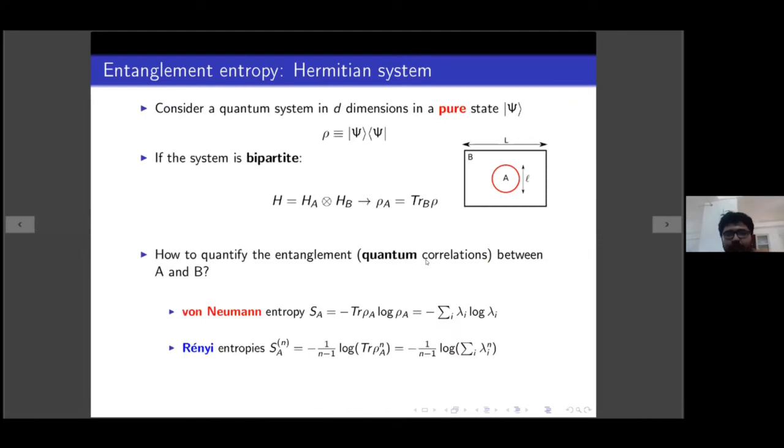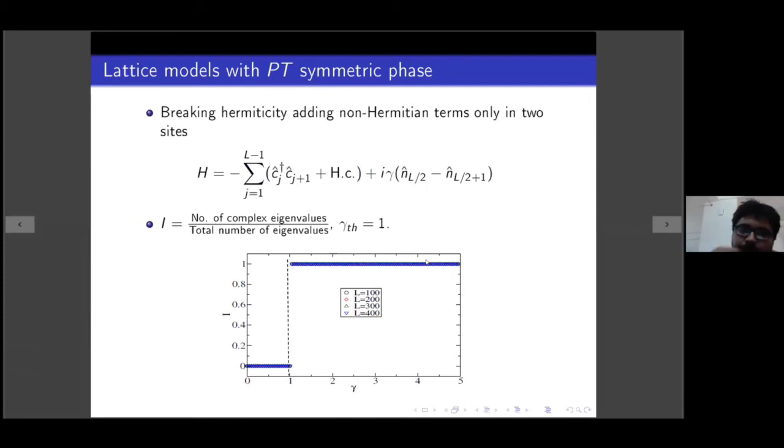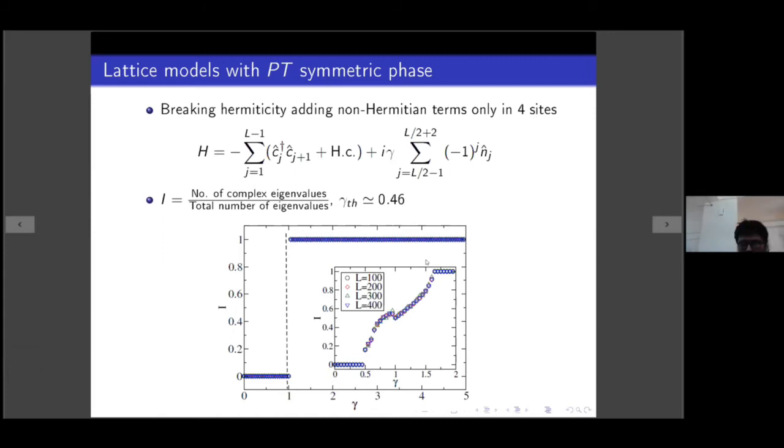So yeah, I had a question. In the next slide, if you start adding more sites, almost of the order of L, then you essentially lose, then you completely go to the PT broken phase. Is it?